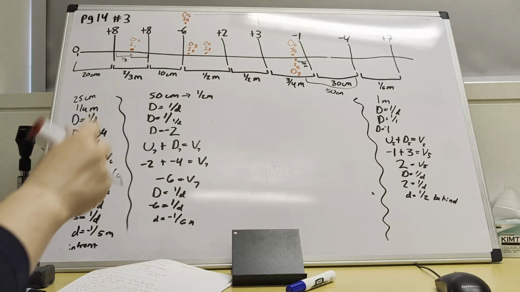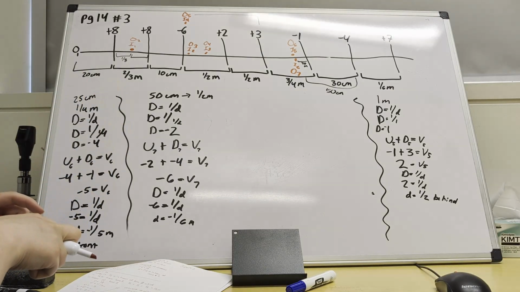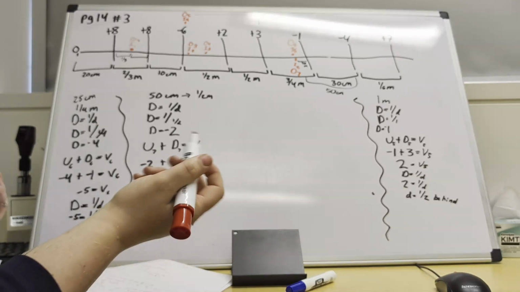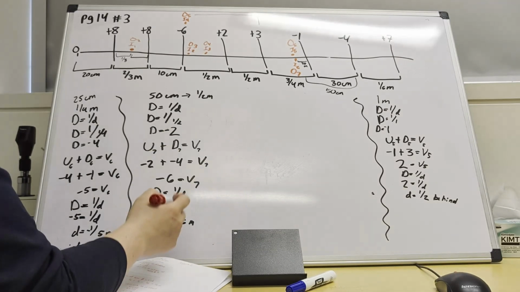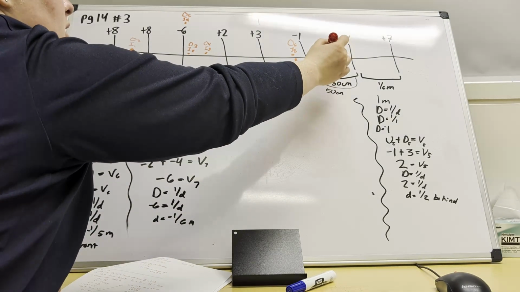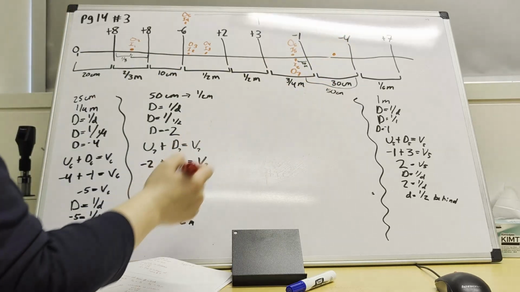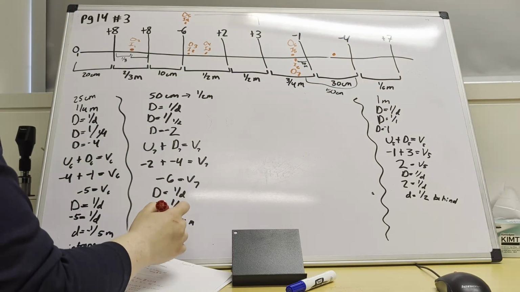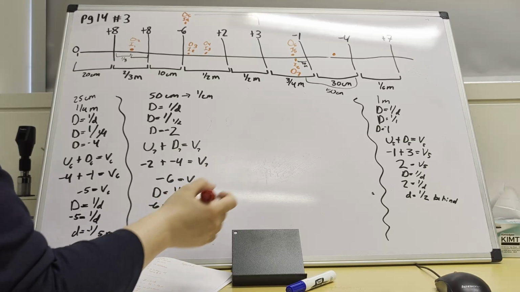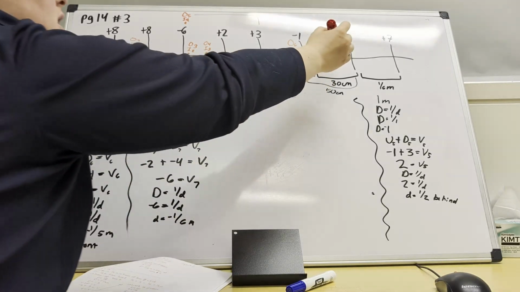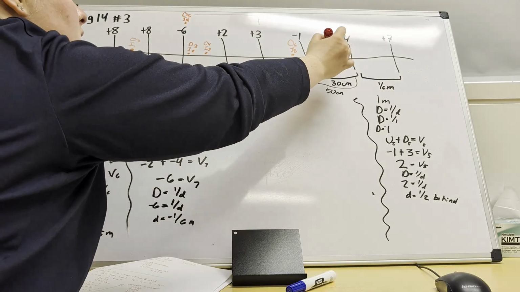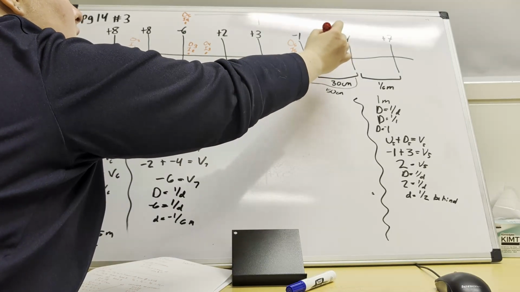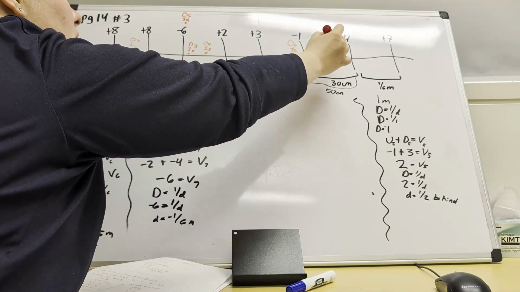It's not quite 1/3 of a meter. 33 centimeters is 1/3 of a meter. So 1/6 of a meter is going to be probably somewhere in about the halfway mark here. And it's 1/6 of a meter, negative, so it's in front. This is going to be our I7, O8.